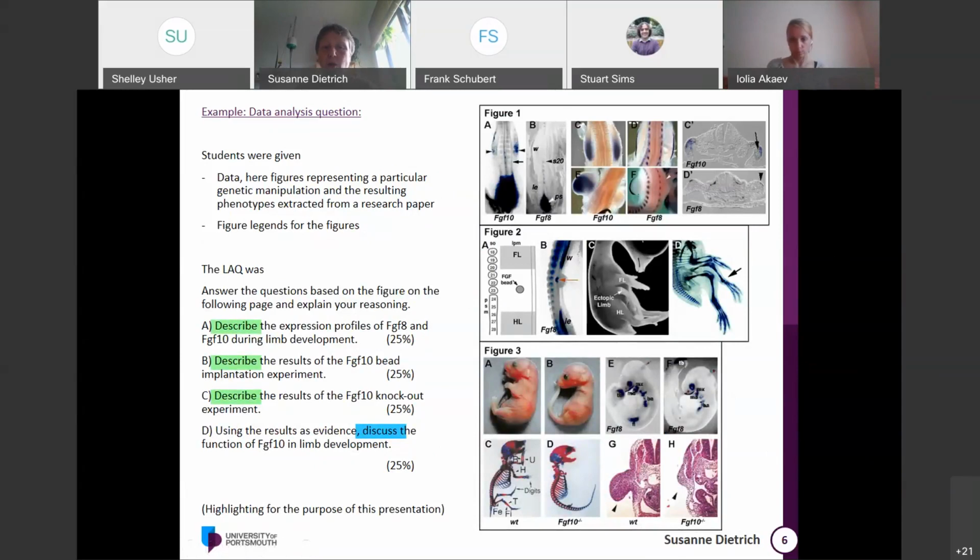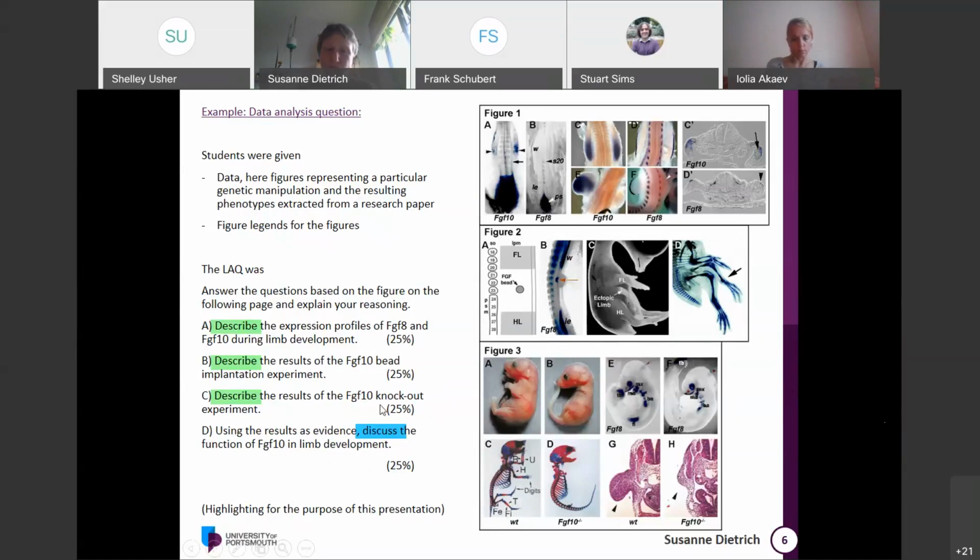The long answer questions ask students to describe particular features of these pictures. They also had to describe here what kind of experiment, for example, was conducted here. And this experiment, you may just be able to see, there's something overlying my slide, but maybe you can see this. This particular experiment eventually led to the formation of an extra leg.